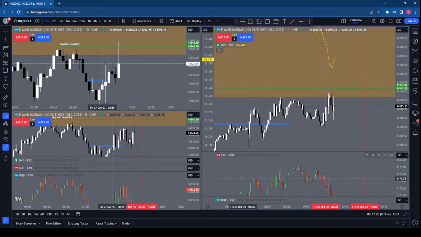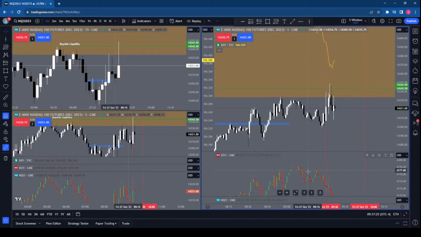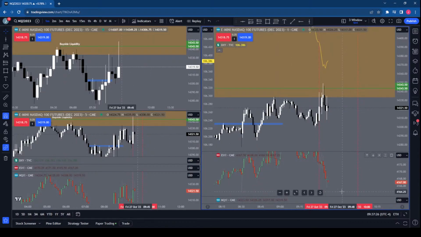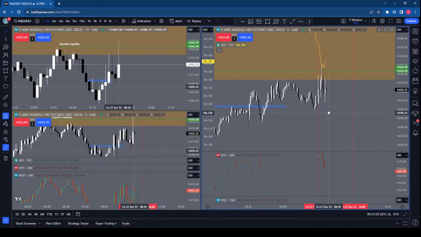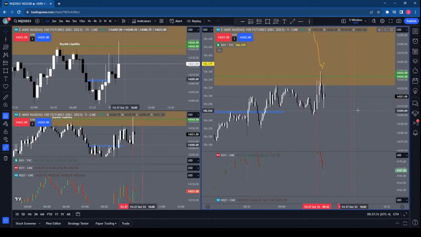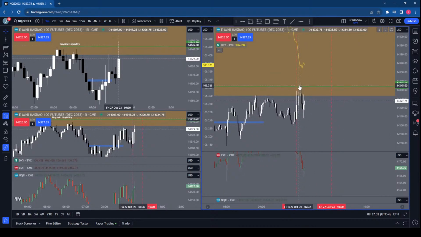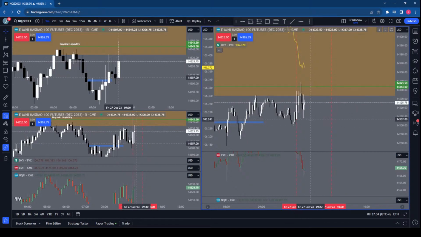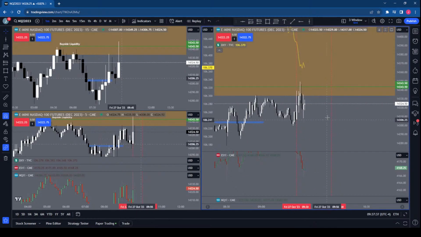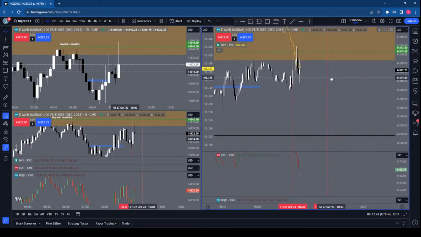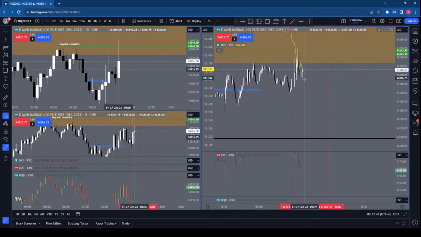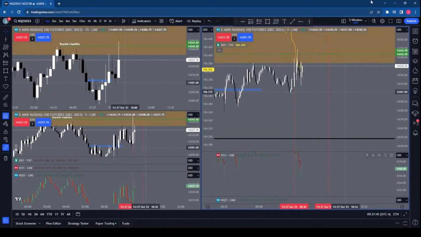ES didn't take anything. It had a little 3 drives higher and then failed. And remember, we have the 10 o'clock news, so they might wait for 10 to manually manipulate, and it'll just do this, and then boom, or the opposite way.